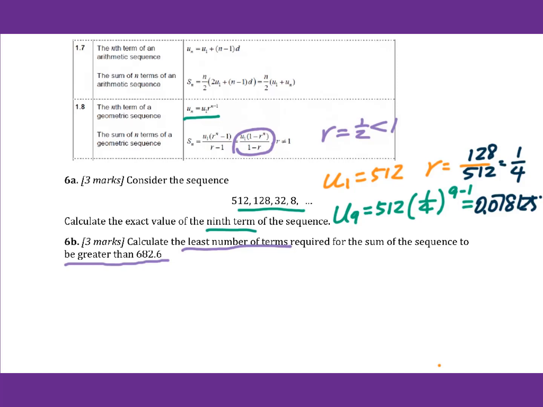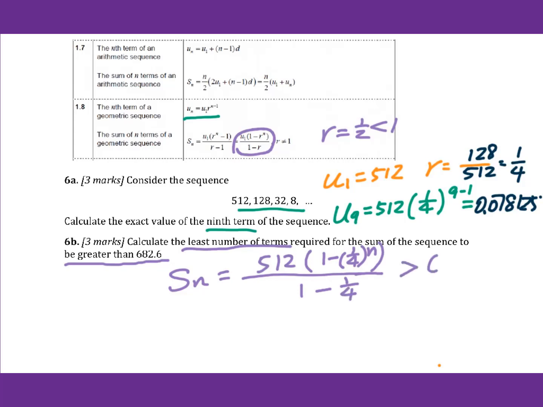So we set up S sub n equals 512 times 1 minus 1 over 4 to the nth power over 1 minus 1 over 4, greater than 682.6.